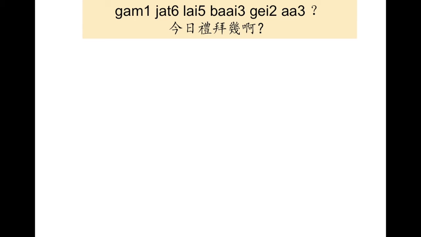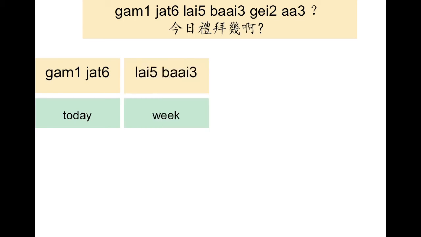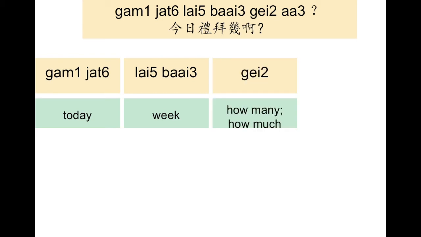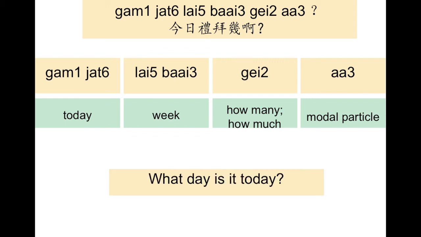Here, 今日 means today. 禮拜 means week. 幾 means how many or how much. 啊 is a modal particle. So, 今日禮拜幾啊 means what day is it today?